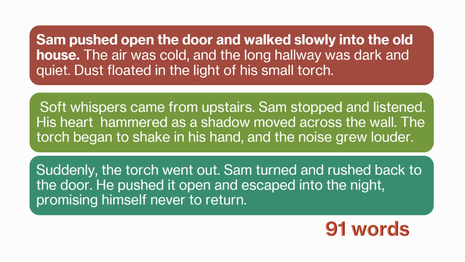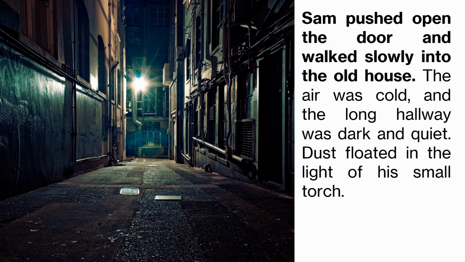Finally, let's have a look at this model. We have a model of a story consisting of 3 paragraphs, 91 words. Let's read paragraph number 1. Remember that we are given a sentence to start with. Sam pushed open the door and walked slowly into the old house.